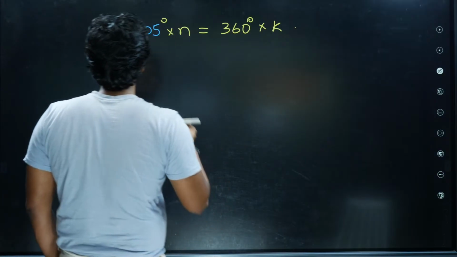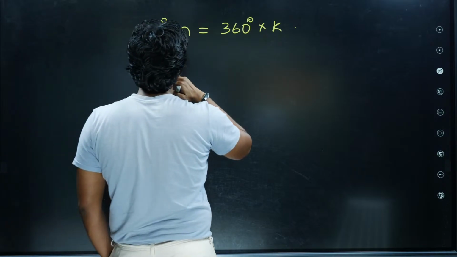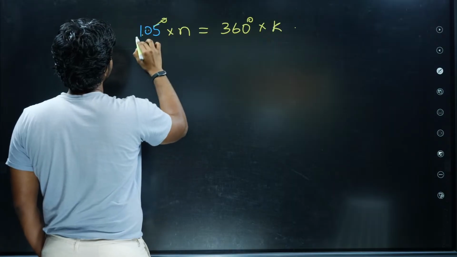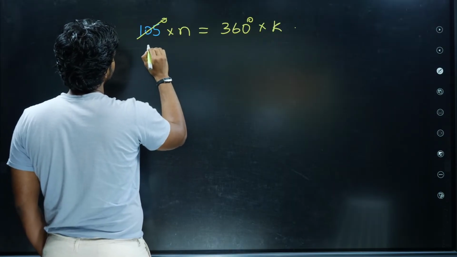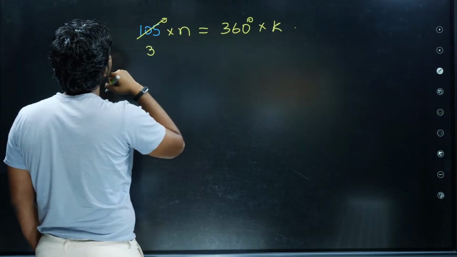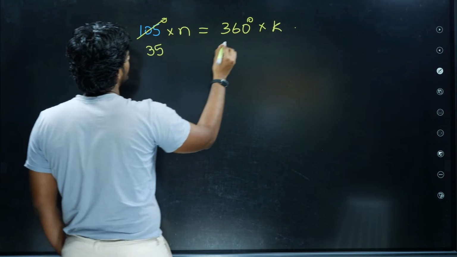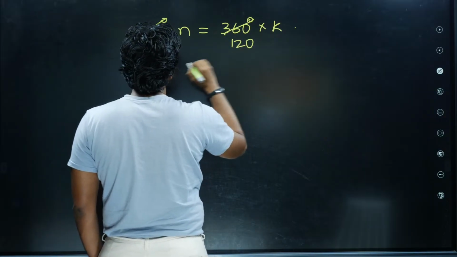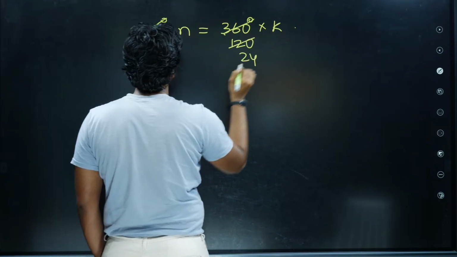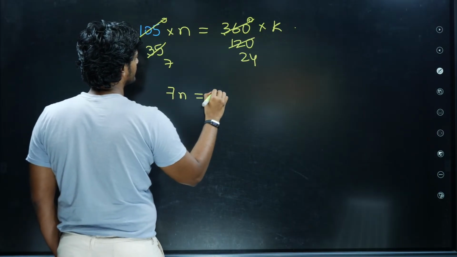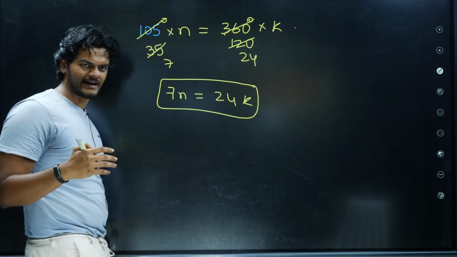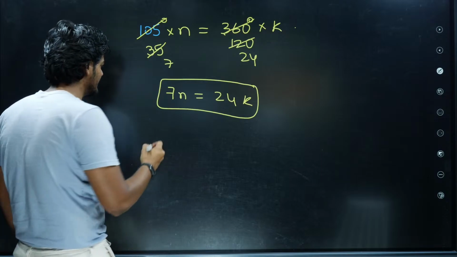So that ends up being very easy. So I just have to cancel out 3. So it is 3 times 35 and 3 times 120, 5 times 7, 5 times 24. So I have 7n equals 24k. And here we'll have to use a bit of number theory.